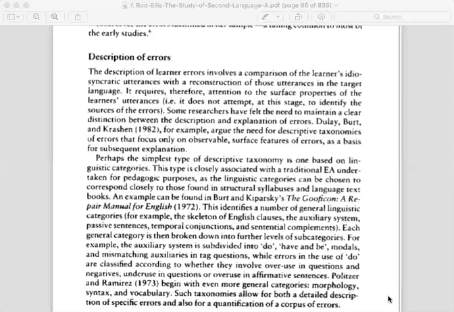Otherwise, there are a number of taxonomies, because whoever has worked in the field of error analysis has come across different kinds of errors. Researchers' contexts for error analysis are different. Okay.